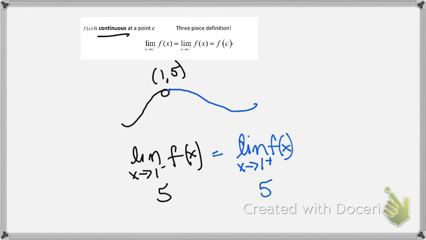That's also 5, but this is still not continuous. Right now the limit exists because the left and right hand limits are the same, and the limit as x approaches 1 is 5, but that doesn't make it continuous. To make it continuous, we have to fill that hole. So the final piece of the continuity definition is it has to also equal f of 1, which is 5. Okay, 3-part definition for continuity.